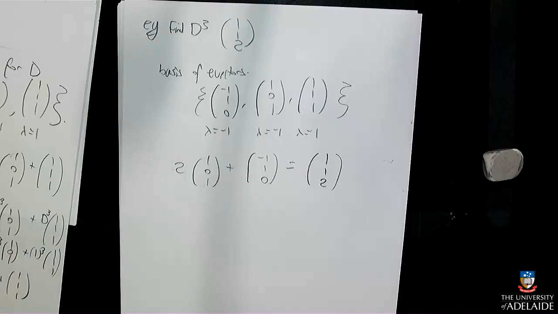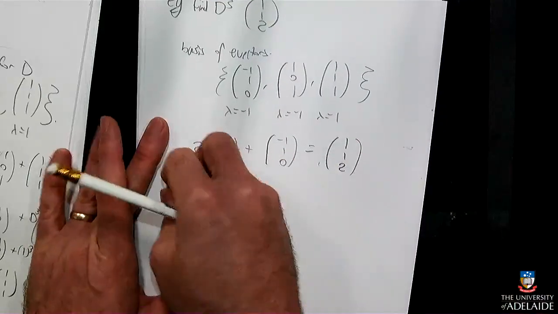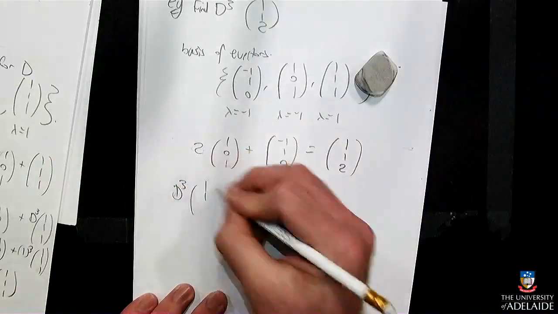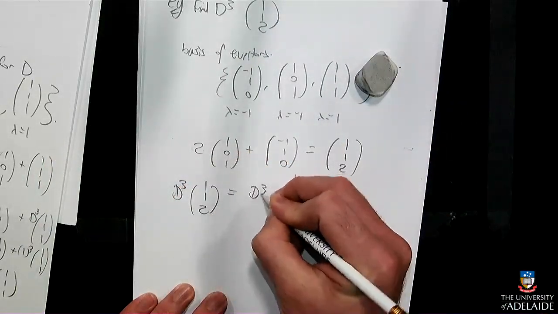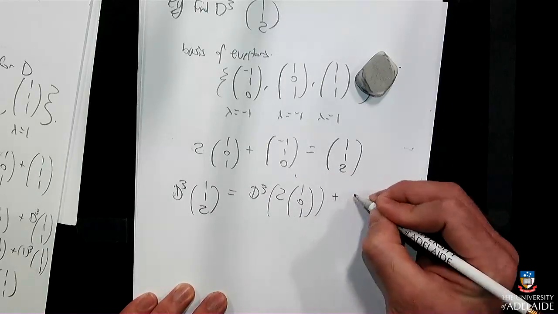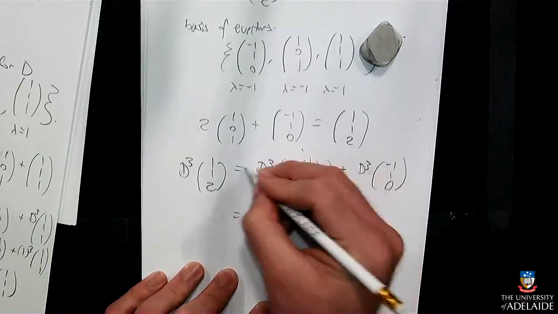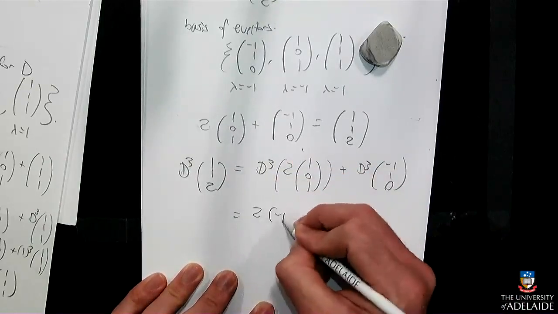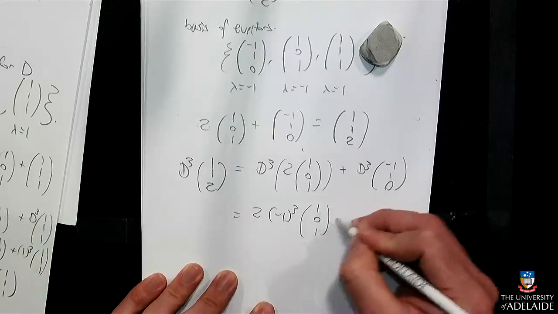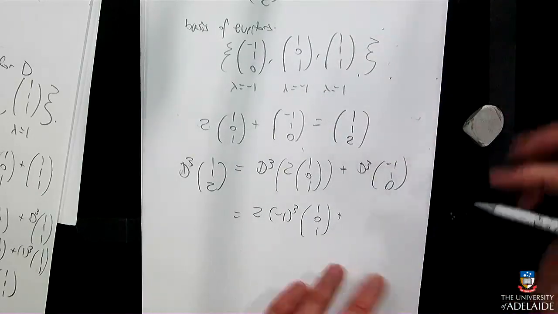Okay, and so D cubed times 1, 1, 2 is D cubed times 2 times 1, 0, 1 plus D cubed times minus 1, 1, 0. And the 2 can come out. So it's going to be 2 times minus 1 cubed plus 1. These both go with the negative 1, don't they?